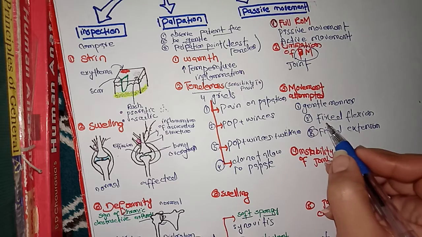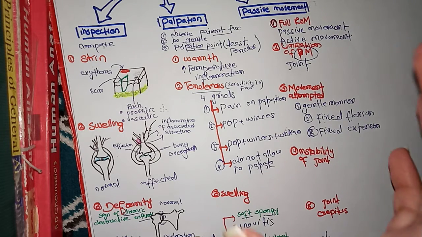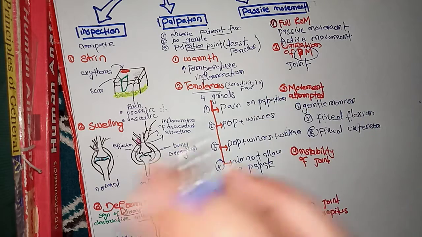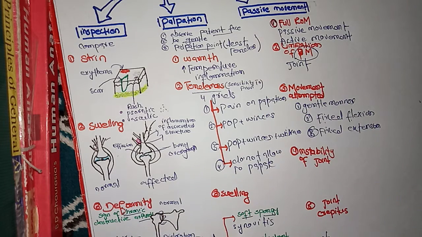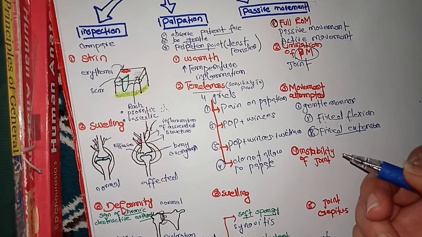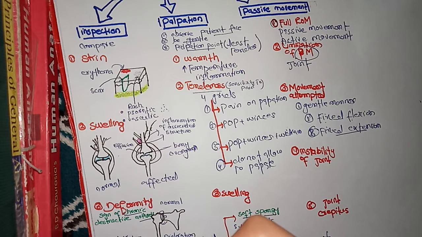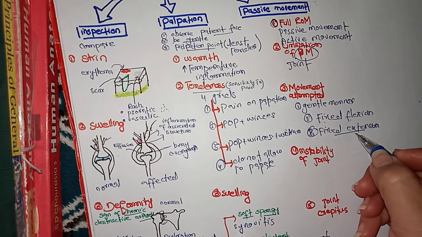Fixed flexion deformity means the patient's posture is fixed in flexion and extension is not allowed. In fixed extension deformity, the posture is fixed in extension and flexion is not allowed.